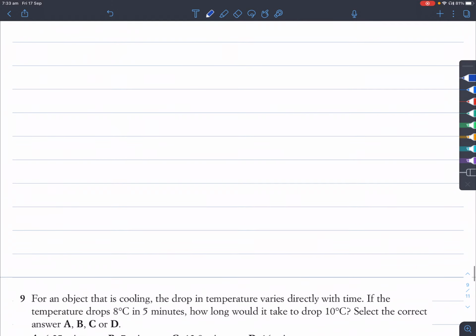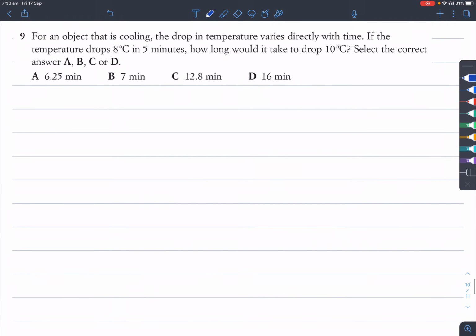Question 9. For an object that is cooling, the drop in temperature varies directly with time. If the temperature drops 8 degrees in 5 minutes, how long would it take to drop 10 degrees Celsius? Okay, so in this situation, the longer we wait, the more it would drop over time.